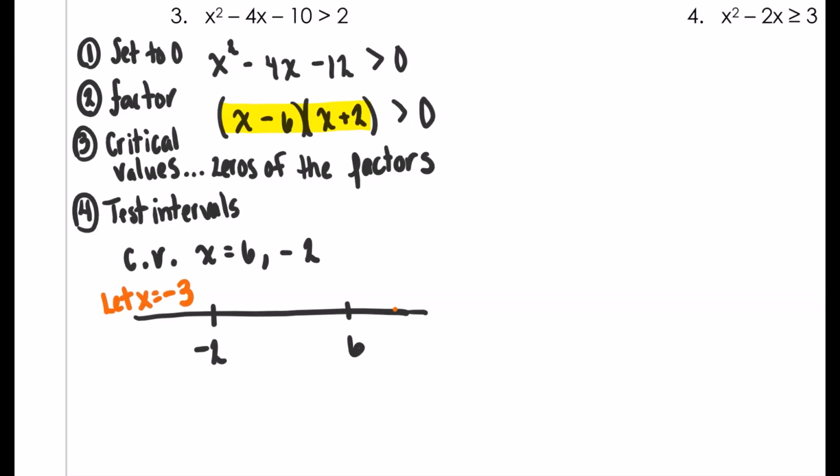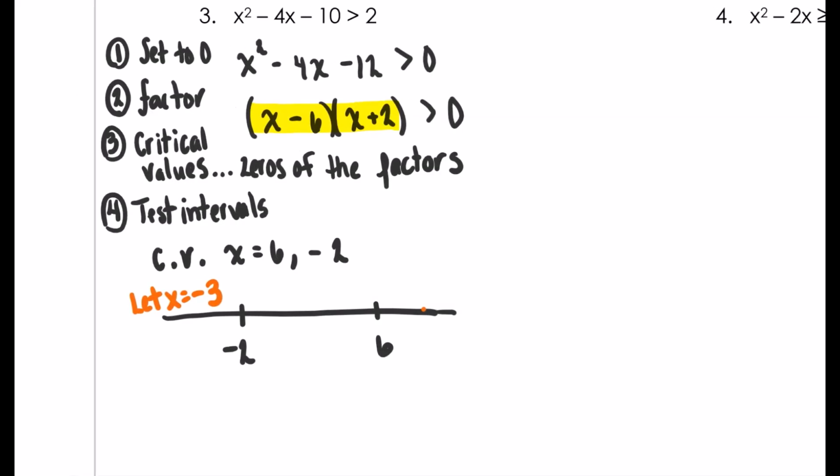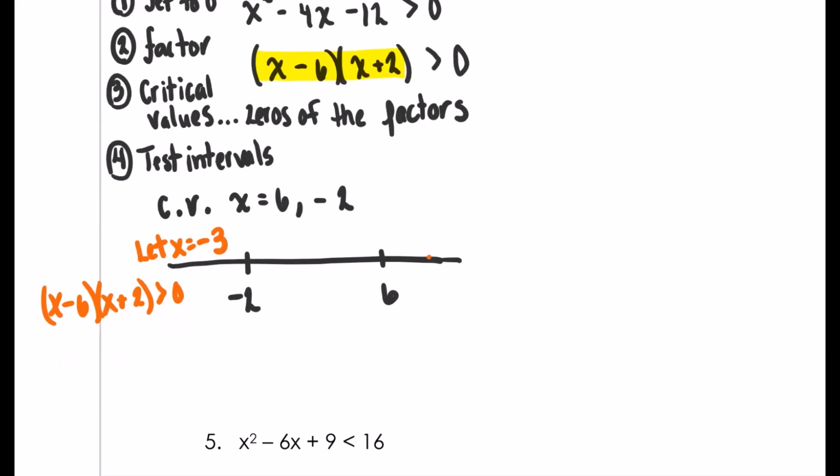All right. So then what I'm doing is I'm substituting negative 3 into the factored inequality, and then I'm seeing if this is a true or false statement. So I'm putting negative 3 into each x, and so notice what's going to happen. The first factor is going to be a negative number, because you get negative 3 minus 6, and then my second number is also going to end up being a negative.